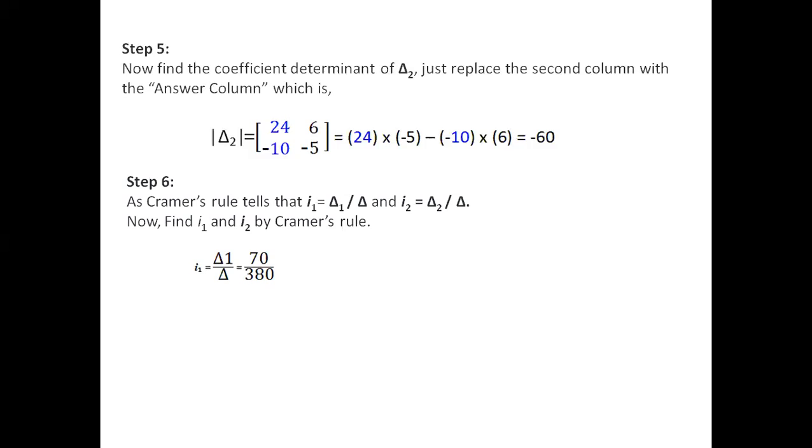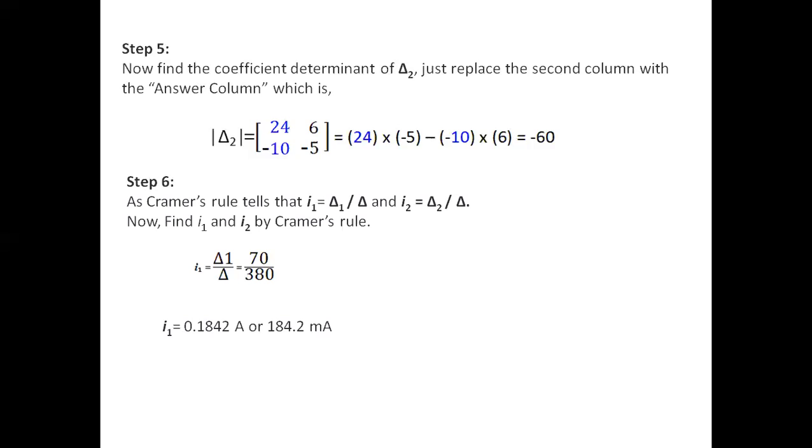So just substitute: delta is 380, delta 1 you got 70, so 70 by 380. That value is 0.1842 amperes. If it is in milliamperes, 184. So that is the first value.